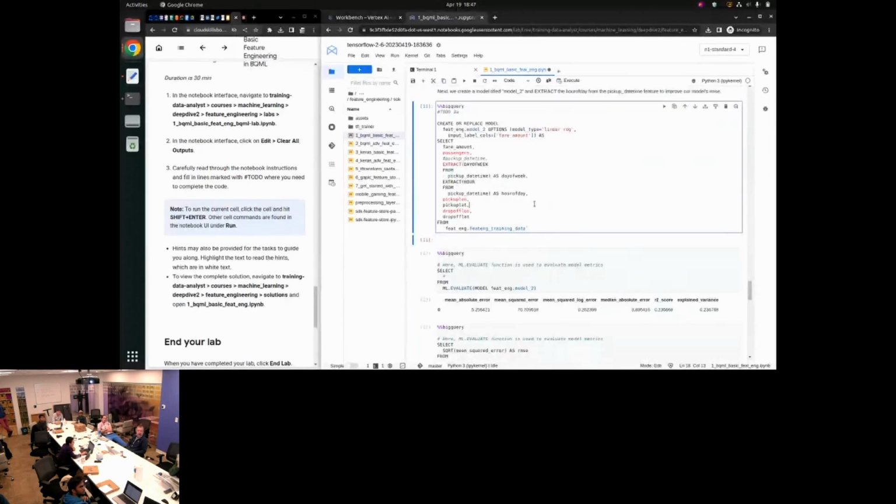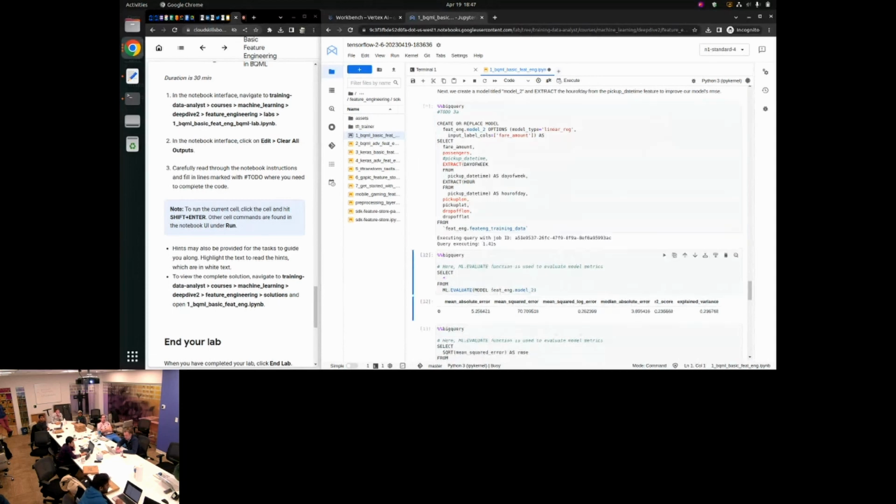We keep going. So now we are adding another feature to the system. In addition to the day of the week, we want to add hour of the day. Both of them coming from the same pickup date time that we previously were feeding into the model. So let's see what it adds.